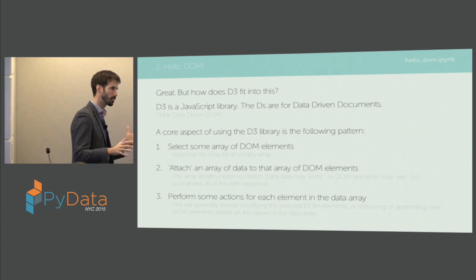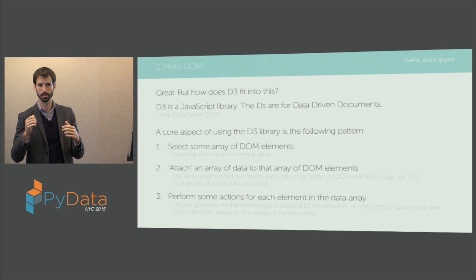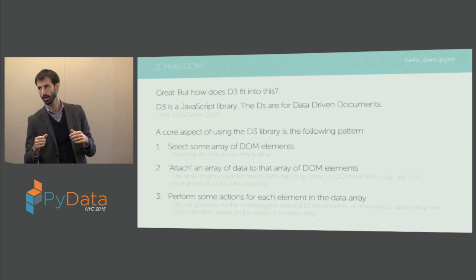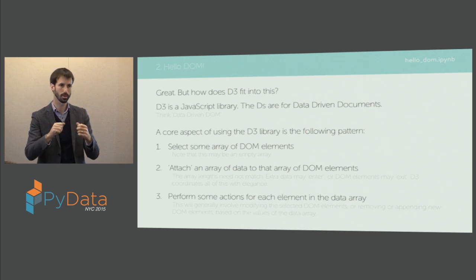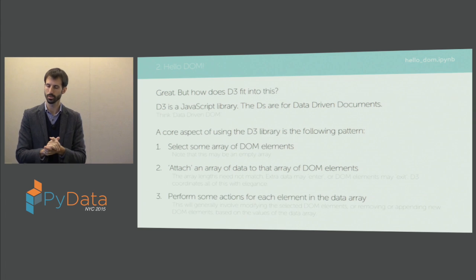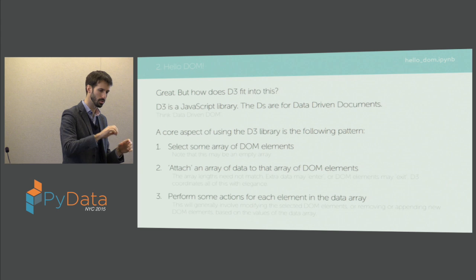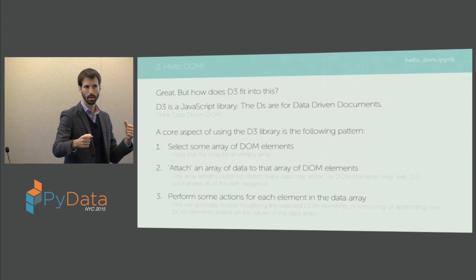And where D3 fits into all this, D3 is a pretty clever library for helping you modify the DOM with data. The pattern used in D3 is you select a collection of DOM elements, maybe a bunch of headers, let's say.